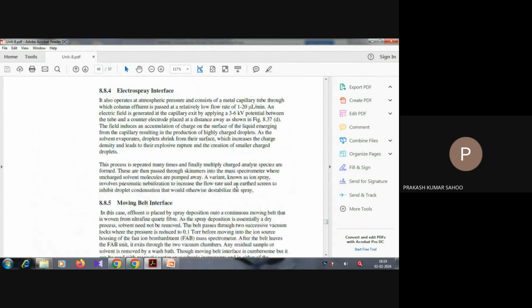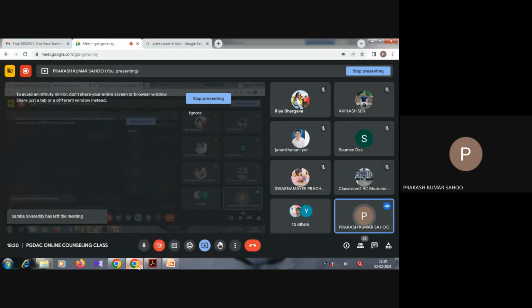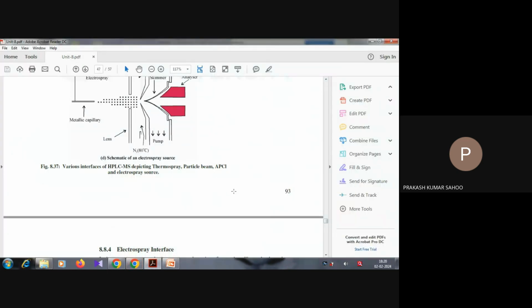Just in this part, you read the instrumentation of HPLC, the principle of HPLC, the different detectors, different pumps which are used in HPLC, followed by the similarity and dissimilarity with gas chromatography, and the advantages and disadvantages of your high performance liquid chromatography.